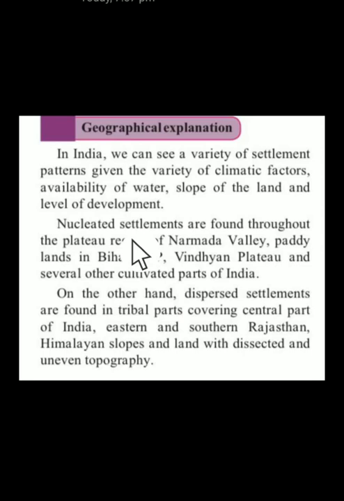Then we have seen nucleated settlements, basically in the North Indian plains where fertile land is available, there are plenty of industries, and the level of development is very high. On the other hand, my dear students, we have seen dispersed settlements which are in the central part of India, and also the jungle area, that is the tribal parts of India, and also the Rajasthan and the Himalayan areas.